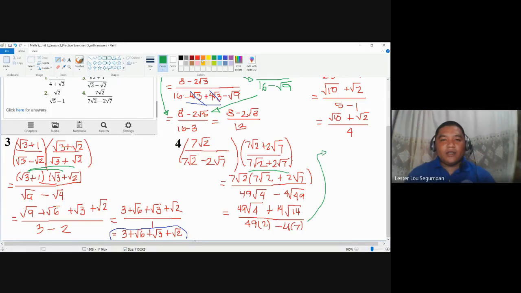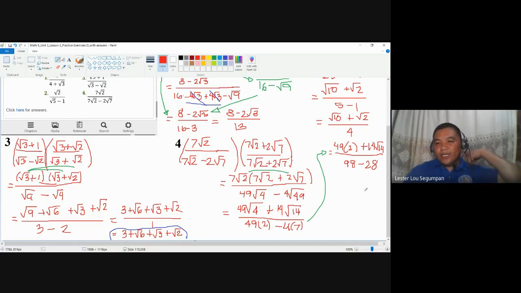So the numerator becomes 49 times square root of 4, which is 2, plus 14 square root of 14 still, because 14 cannot be simplified anymore. All over 49 times 2 is 98 minus 4 times 7 is 28.